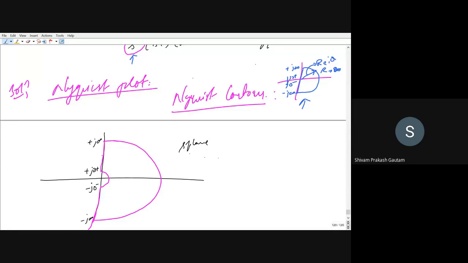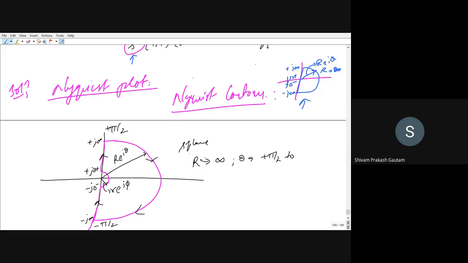The frequency goes from 0 to infinite plus, to infinite minus, and infinite minus to 0 minus. The radius of the bigger circle is R e to the power j theta. The radius of the smaller circle is small r e to the power j phi. Now, capital R tends to infinite, and theta, the orientation, goes from plus pi by 2 to minus pi by 2.